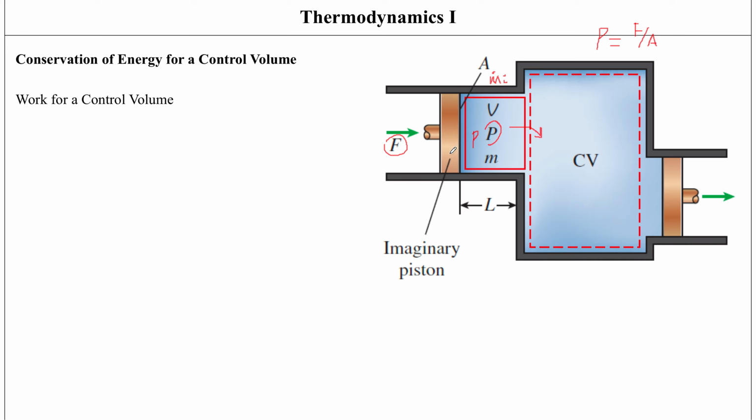This is not a real piston. What actually is happening is the pressure forces within the fluid are pushing this fluid into the control volume. So the force is going to be equal to pressure times area, just this relationship written in a different form.